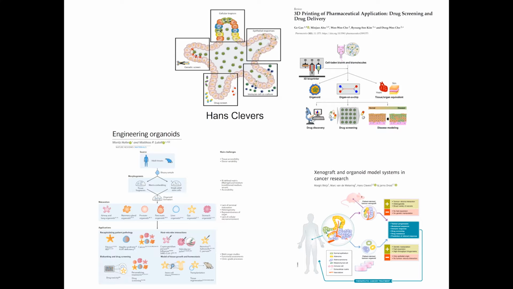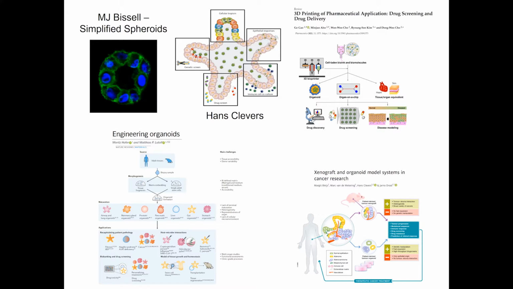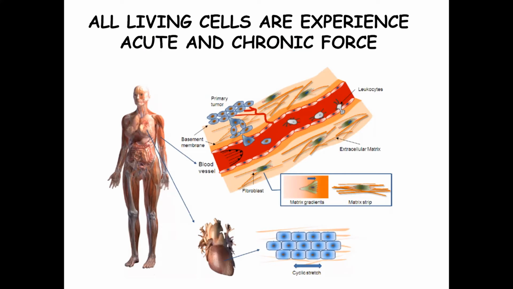You heard a beautiful talk from Andy just recently. But basically, when I got in the business, it was a very simplified spheroid model, or called the 3D organoid at that time. And I think it would be really instructive to understand where this came from and my journey with this whole process.